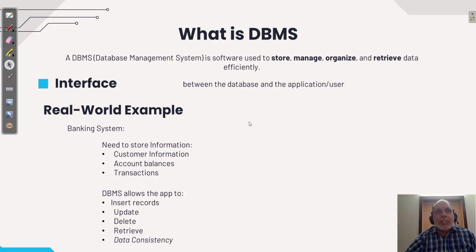So basically it is the interface. A real world example is the banking system. A banking system needs to store information: customer data, account balance, transaction data.